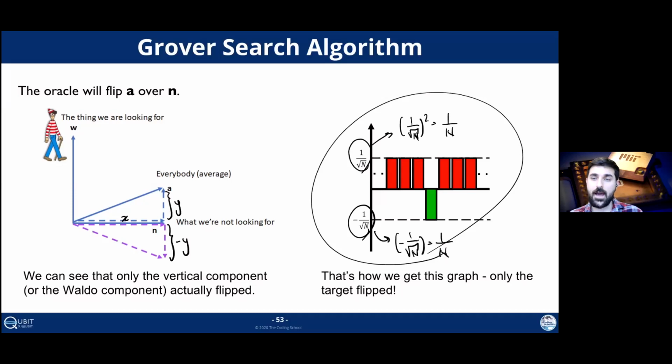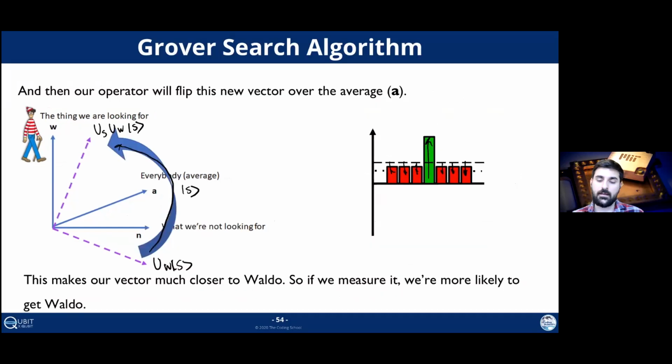So just after applying the oracle operator, there's no difference in the measurement probability of the correct answer. It is only after applying it multiple times and combined with the reversing around the mean that we see that the probability of measuring the correct answer will actually go higher and higher and higher.